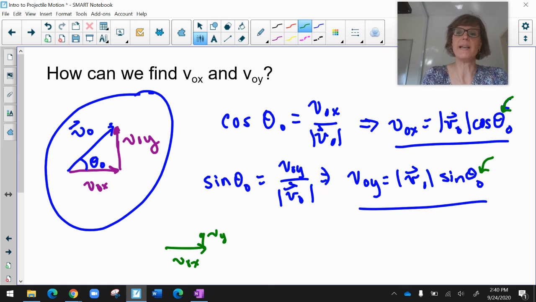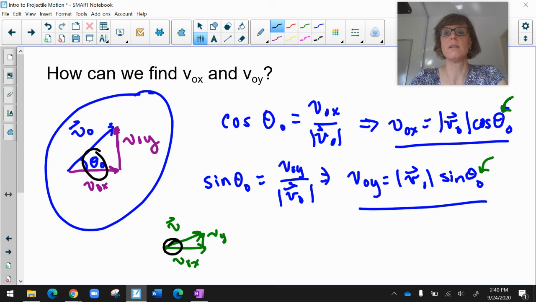But if Vy is smaller because my object is rising up, here's going to be my V, and you can see that this angle here is going to be smaller than what my original angle is. So just make sure that when you're finding the components of V0 that you're using theta 0, but remember that that angle is going to change.